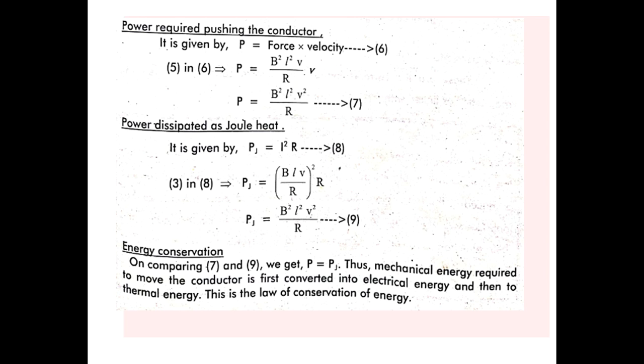The energy first converts from mechanical energy, after that into electrical energy, then thermal energy. Whatever mechanical energy is required to move the conductor first converts into electrical energy, then thermal energy.